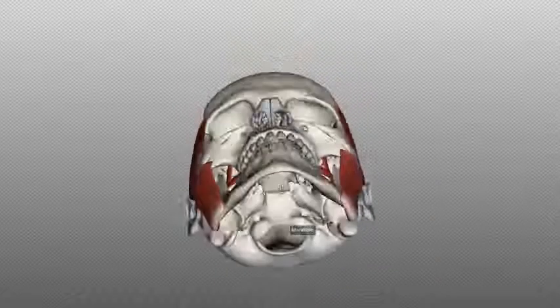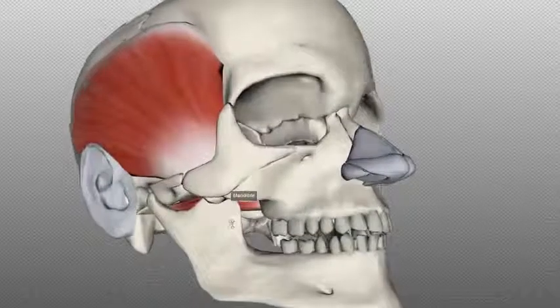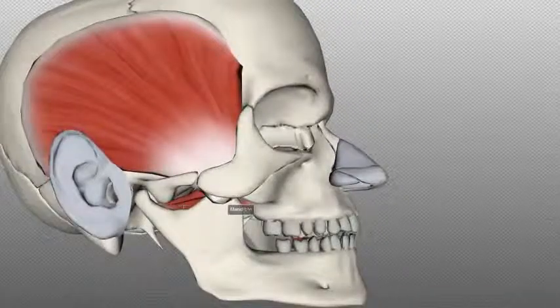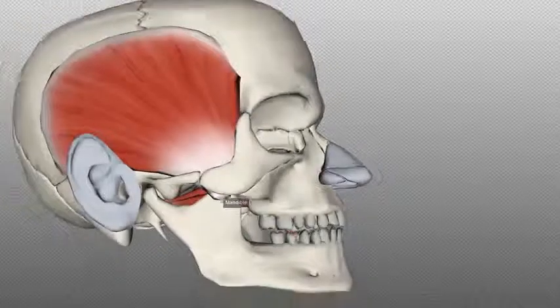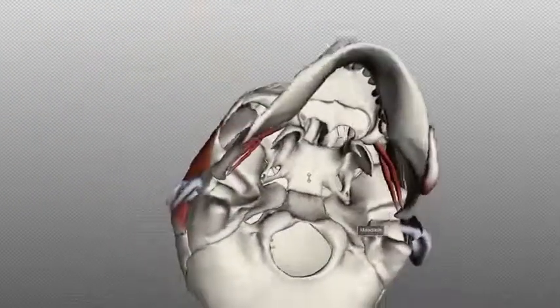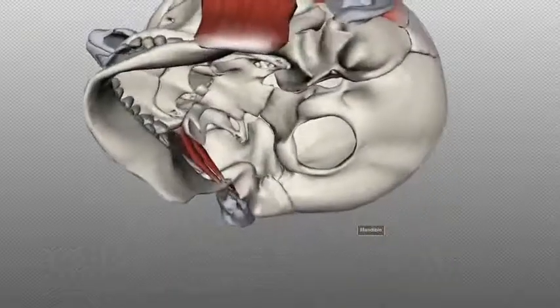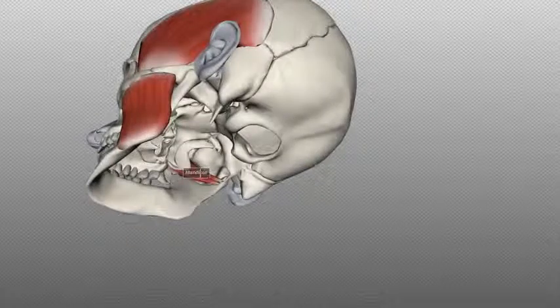So we've got the temporalis here, the masseter, and then if I remove the masseter, you can see there are some muscles that lie deep to the mandible. If I just rotate it around, you can see right on the inside surface of the mandible that there are two muscles.